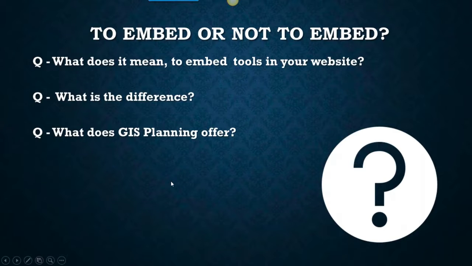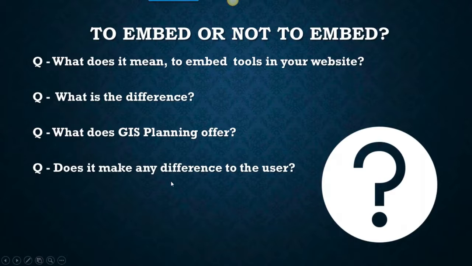So does it make any difference to the user? I'm going to answer this with both yes and no. Most don't know that they've been linked, and so that is not going to make any difference. The speed of your website is going to affect, of course, their experience. So if it's linked, they'll likely have a faster connection.